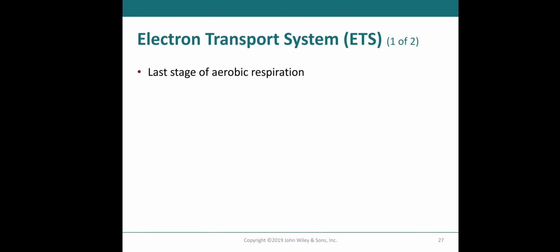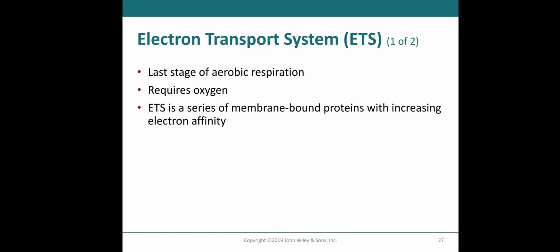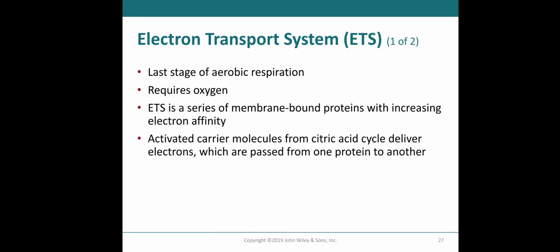It's basically a set of transmembrane proteins that is responsible for generating a gradient. You will see later. This process requires oxygen, and the ETS is a series of membrane-bound proteins with increasing electron affinity. So you have here an activated carrier molecule from the citric acid cycle delivering the electrons.